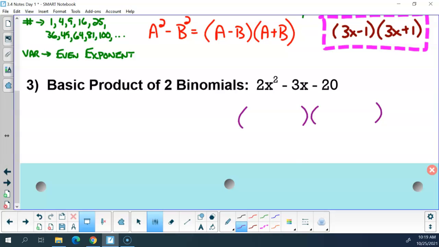So the first two spots come off of those. So what multiplies to be 2x squared? 2x times x. 2x and x.